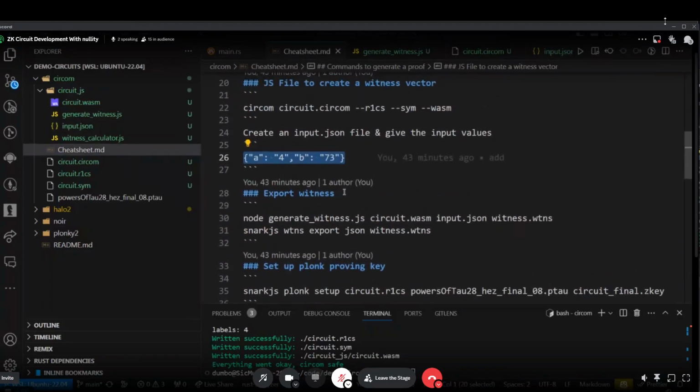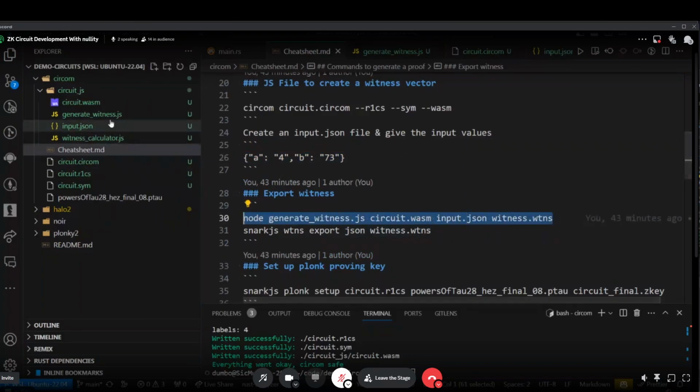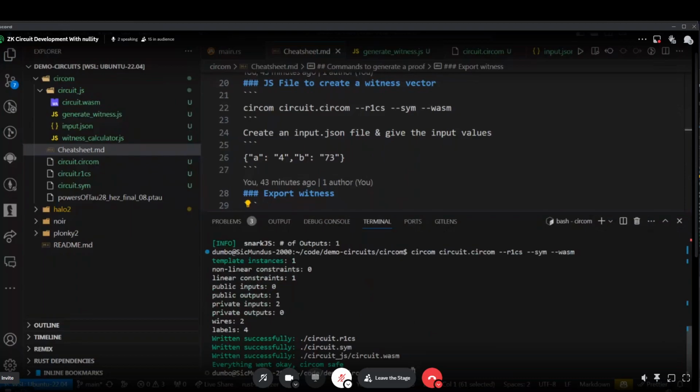And the next thing is that we have to export this as a witness file. So we have to run this generate witness command. We just copy this command and paste it in our terminal.